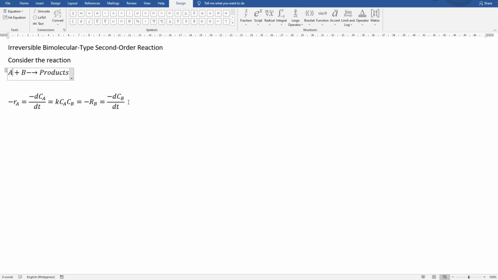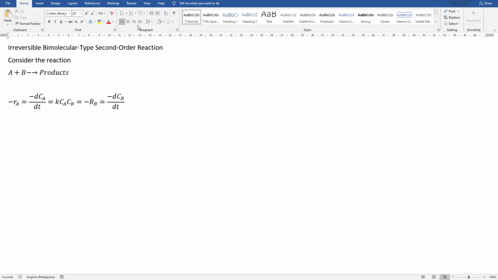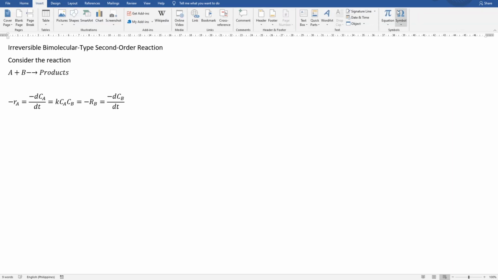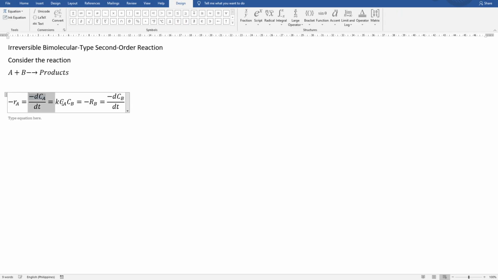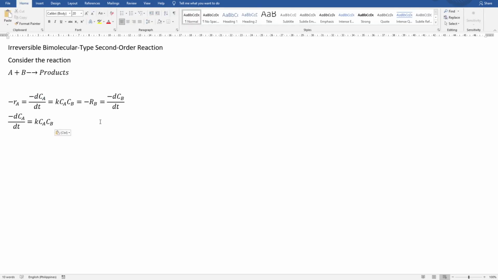So now, using this equation, we need to find a relationship because here we have CA times CB, so we have three variables, and we cannot directly do the separation of variables.